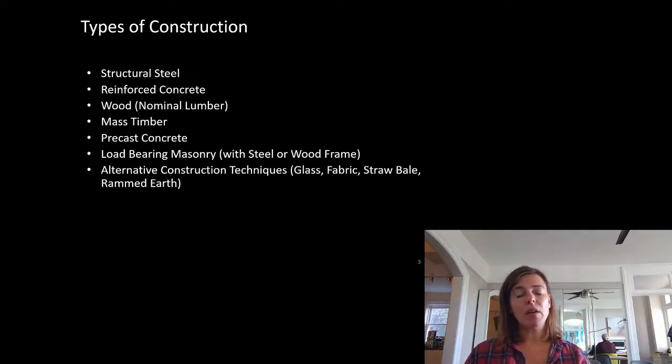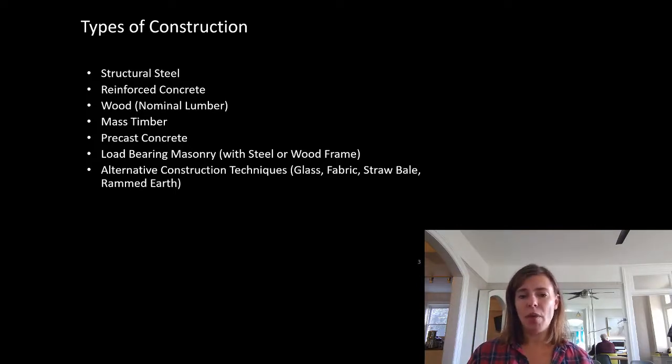But here, we often use structural steel, reinforced concrete, stick frame wood framing, or what we would call wood construction, and then mass timber. And mass timber has a lot of the same principles and theories and design as steel buildings, kind of the scale of steel buildings, whereas what we call wood construction is the smaller things like houses or 4-story condos.